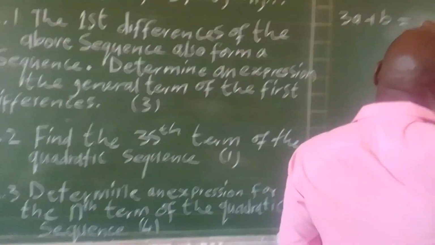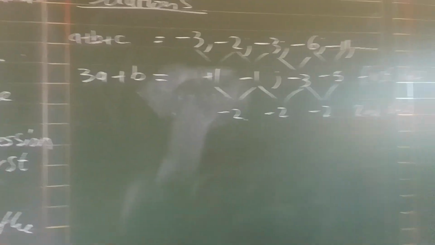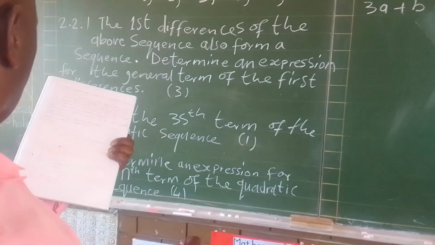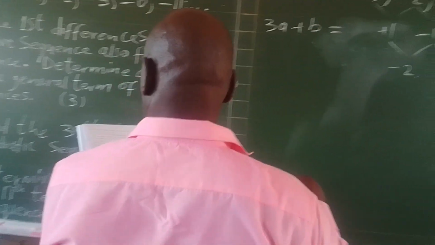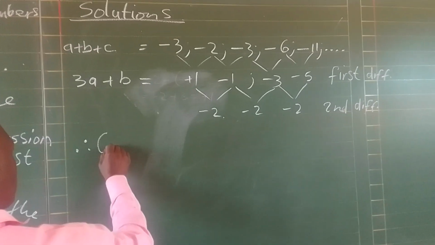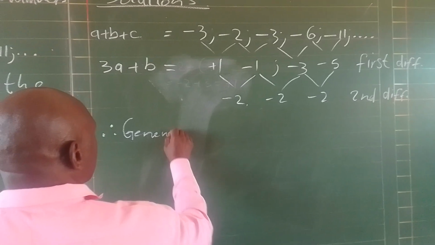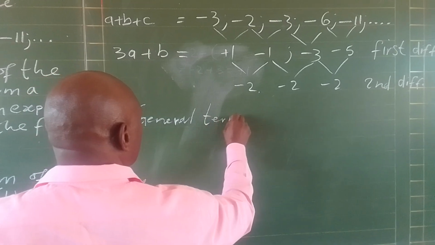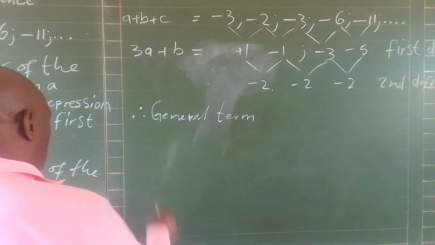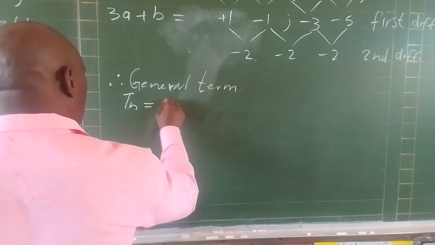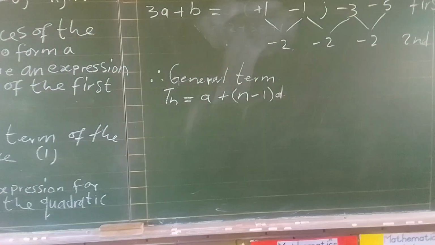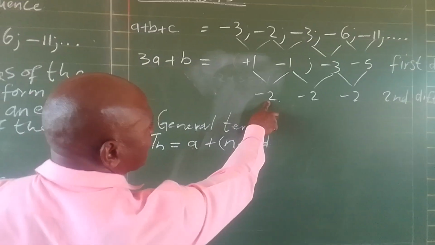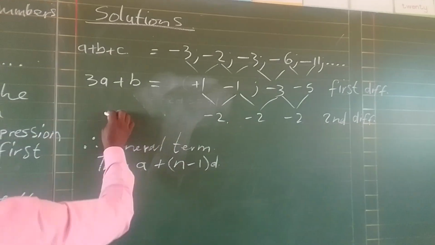Now we are going to find the general term. Our general term is going to go like this: Tn is equal to A plus (n minus 1) D. But now we have to find A. After finding the second difference, you go to find 2A.